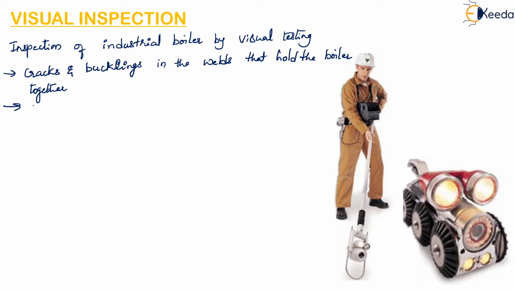Next we can look for corrosion on the sides of the boiler. All these are visible with our naked eyes.